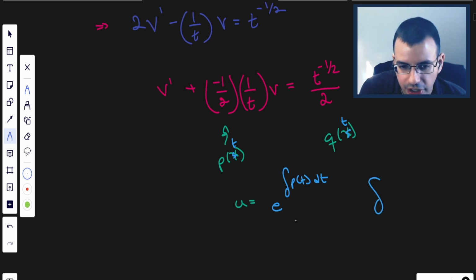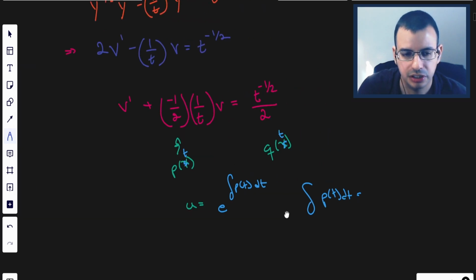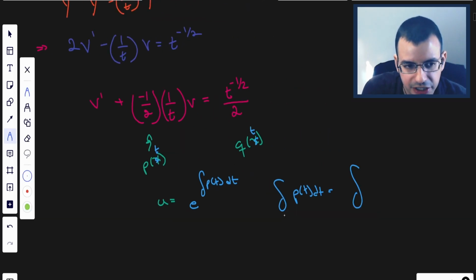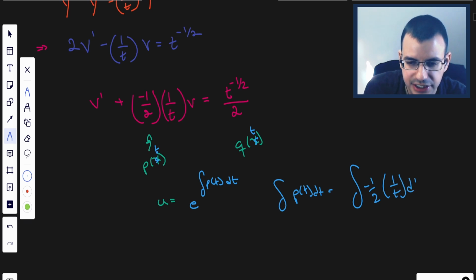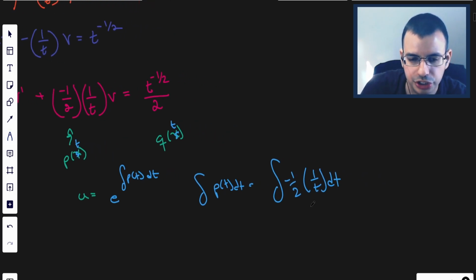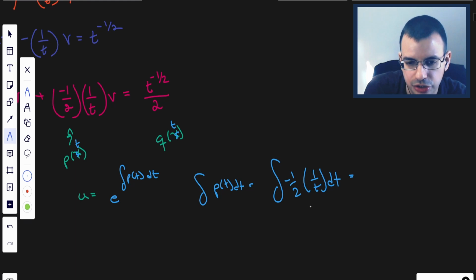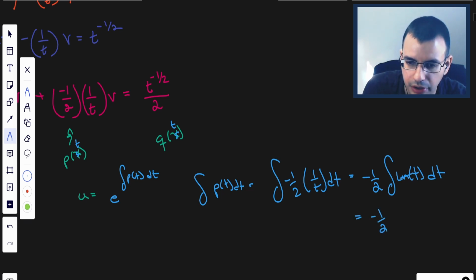So integral of p of t dt equals the integral of negative 1/2 1 over t dt, which we're going to expand to negative 1/2 integral, jumping steps.